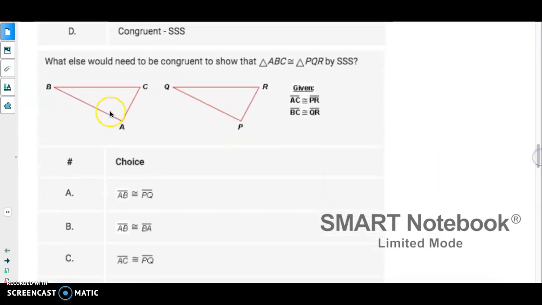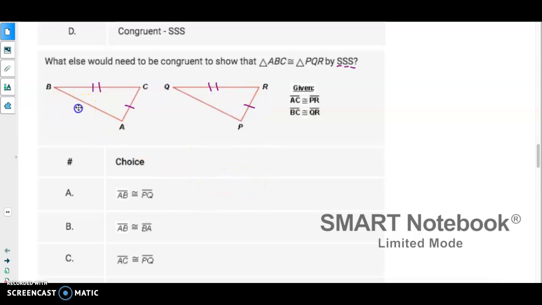So what else would we need to prove that triangle ABC and PQR are congruent by side, side, side? So SSS. It's given to us that AC is congruent to PR, and BC is congruent to QR. What is the last side that we need to know?